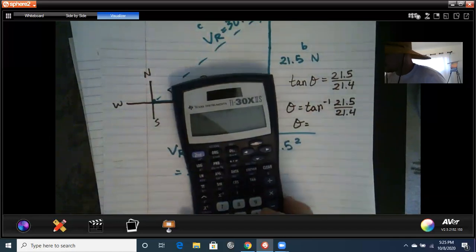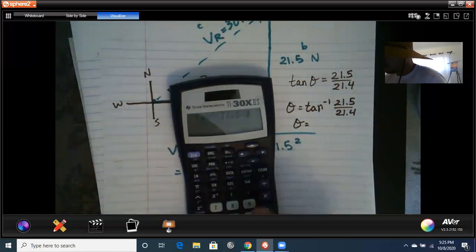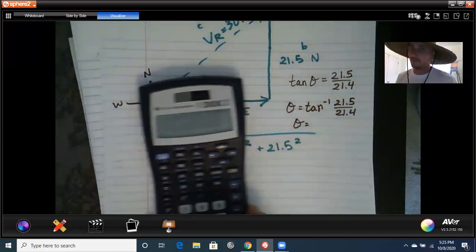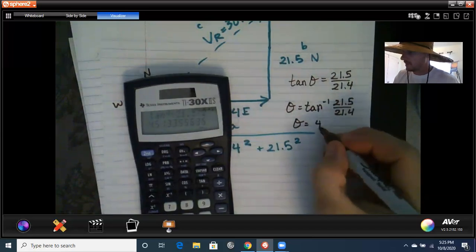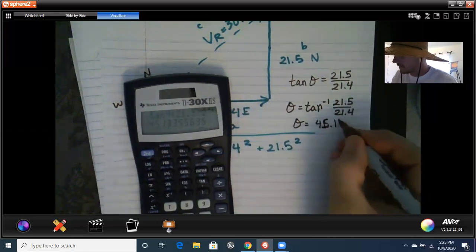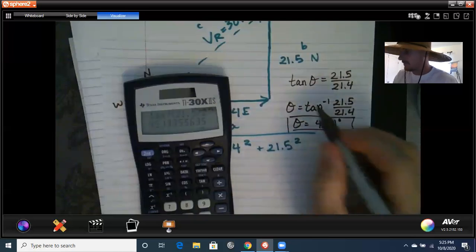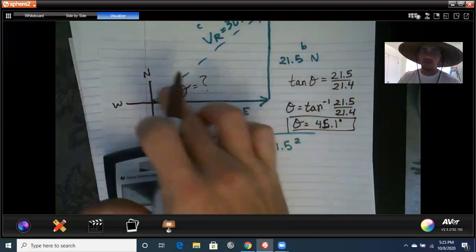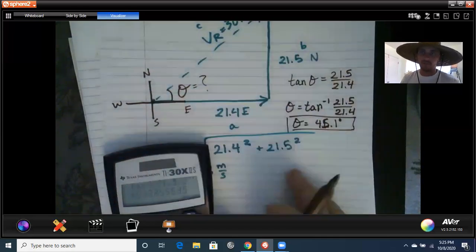Inverse tangent of 21.5 divided by 21.4. I'm telling you, it's going to be close to 45 degrees, 45.1. And again, that should make sense to those who know their geometry, right? If you have two sides of a right triangle that are pretty much the same, that means this is a 45-45-90.